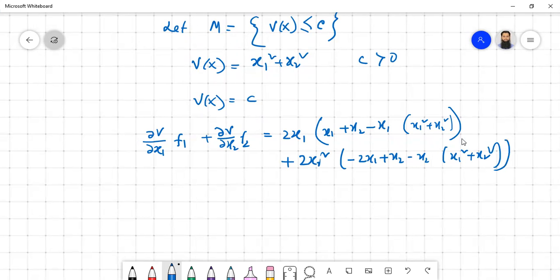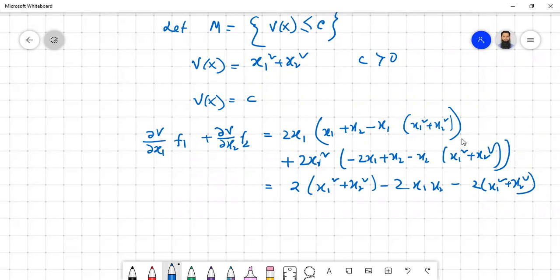If you simplify a bit, what we get is 2 (x1 square plus x2 square) minus 2x1 x2 minus 2 (x1 square plus x2 square) whole square. So this is the simplification.